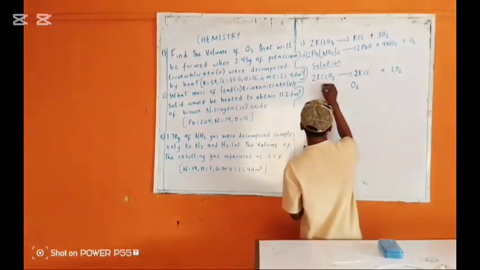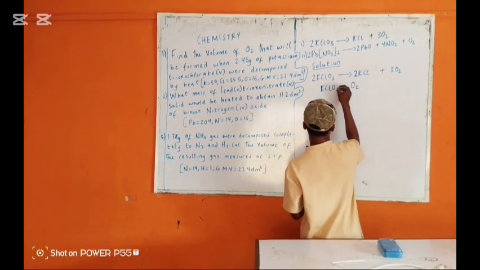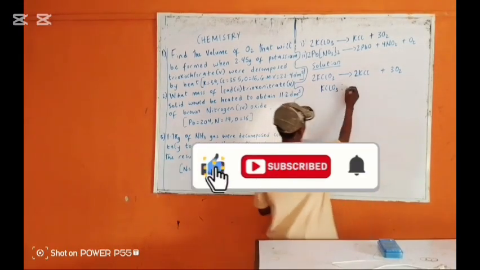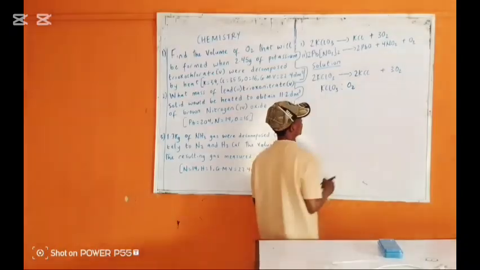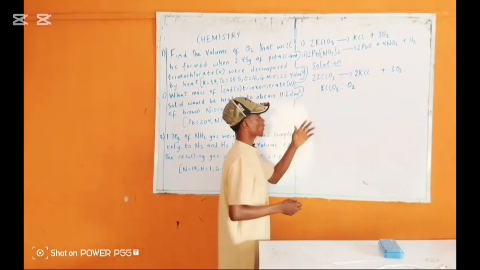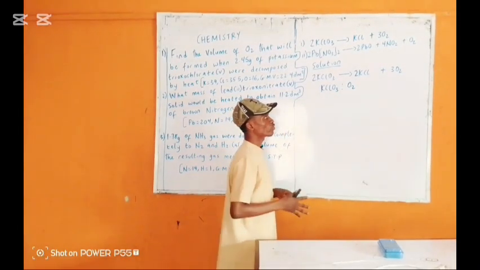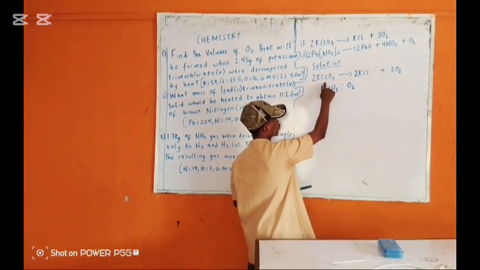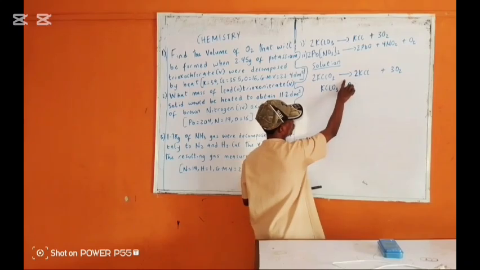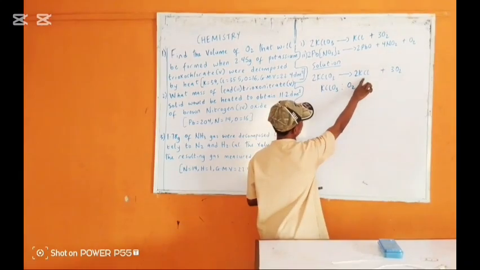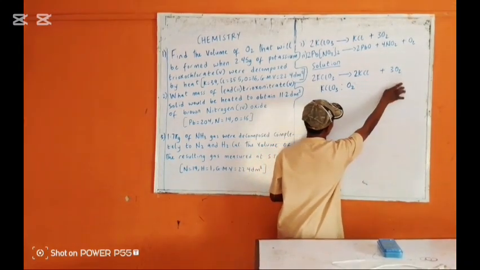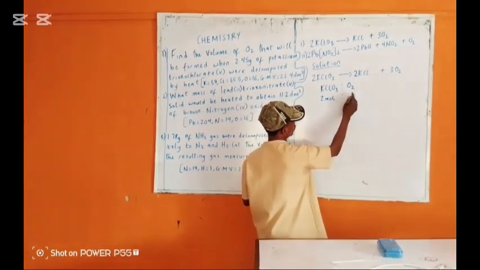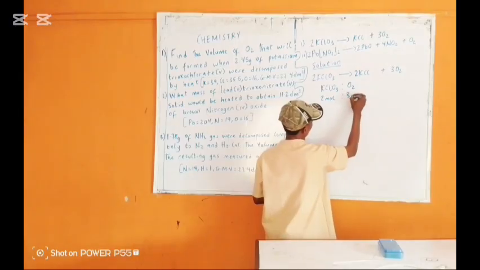So potassium trioxochlorate(V) is the second one we are relating. So what's the next thing here? Write out the molar ratio. So we're having 2 mole of potassium trioxochlorate(V) breaking down to form 2 mole of potassium chloride and 3 moles of oxygen gas. So you're having 2 mole ratio 3 mole.